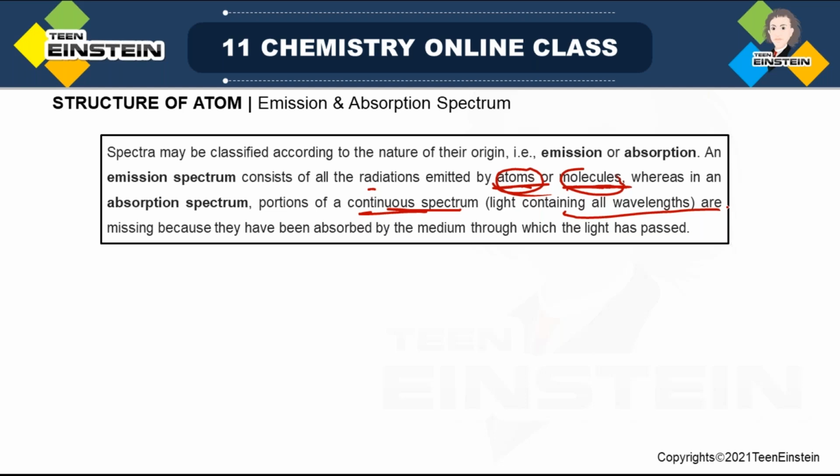So when it is emission, some discrete wavelengths will be present. So you will see in the black background, there will be some colored lines. But when it is absorption, just take any continuous spectrum, but there will be some lines in the color, in the form of lines, some colors will be missing, because now they have been absorbed by the medium through which light has passed.